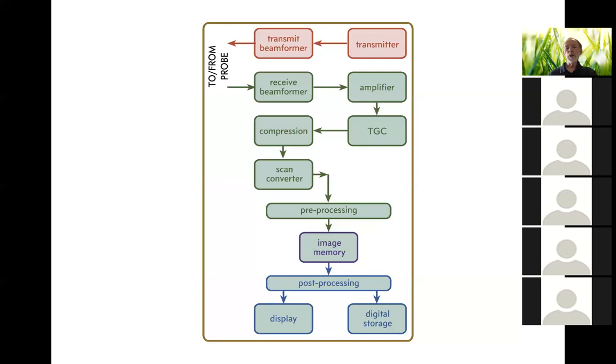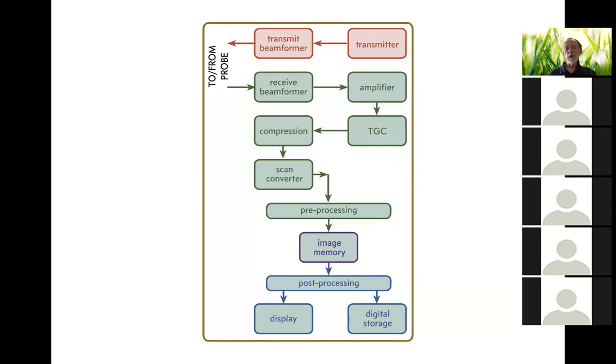And then we have the more specialized function known as TGC. That stands for time gain compensation, and its role is to correct for the effects of attenuation. I mentioned earlier that the echo signals get weaker and weaker as they come from greater depths.